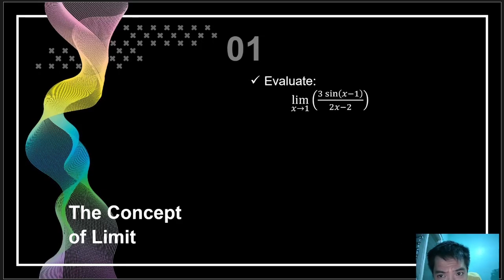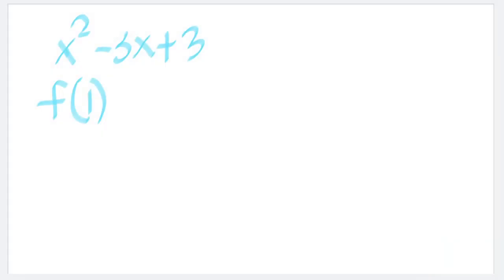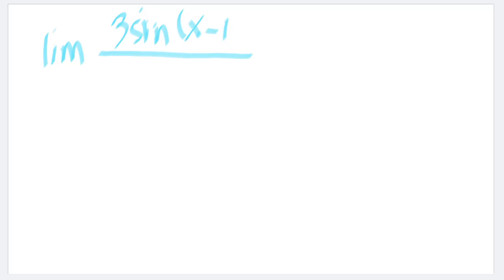This one, evaluate the limit of 3 sine x minus 1 all over 2x minus 2, as x approaches 1. So we will try to evaluate that one.